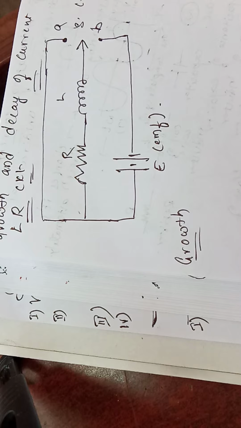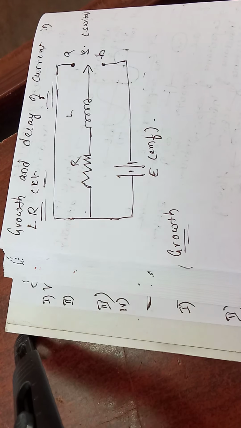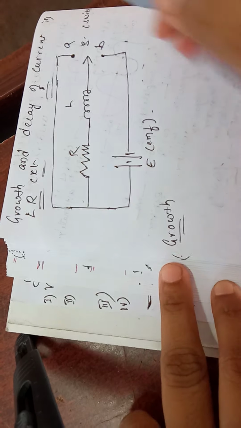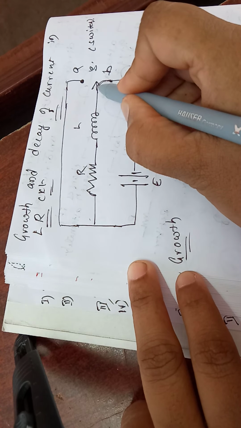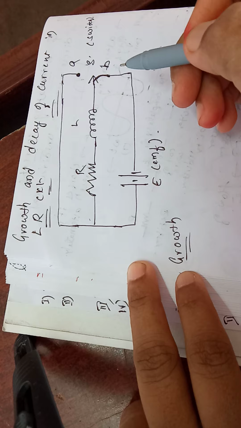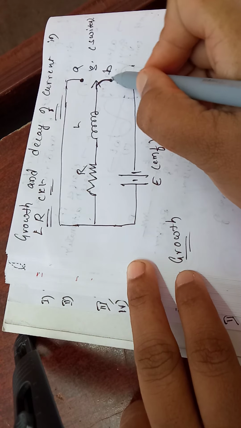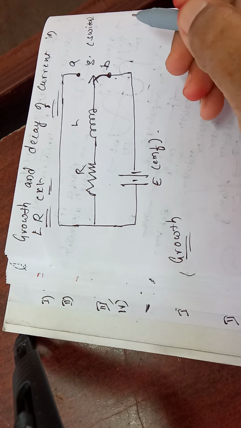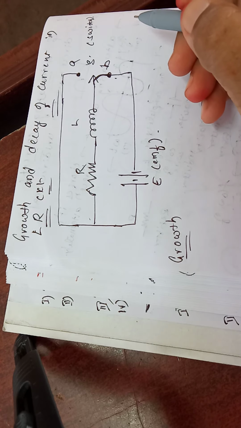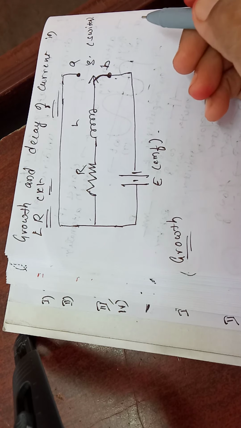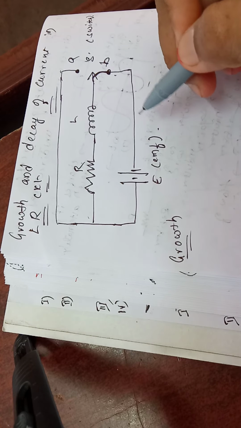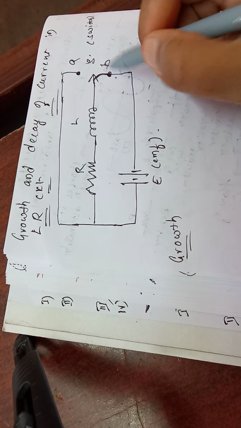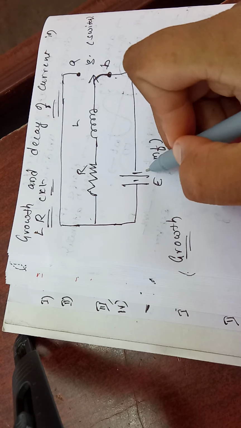For the growth of current, I will connect the inductor to the point B. Connecting the inductor to the point B means connecting the circuit to the battery.